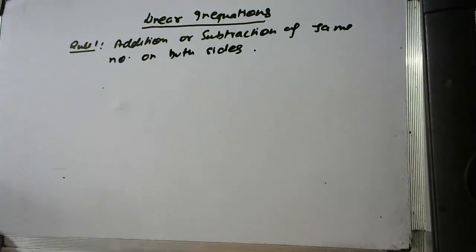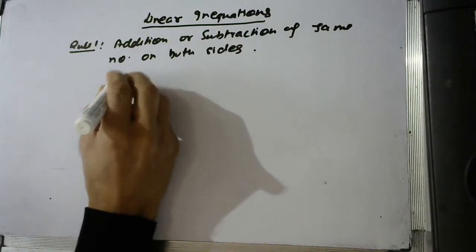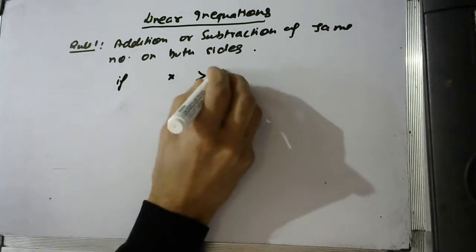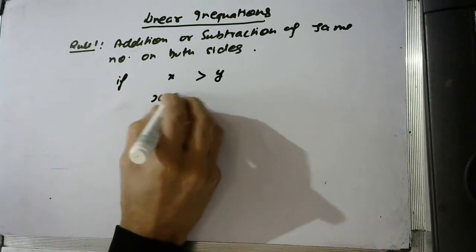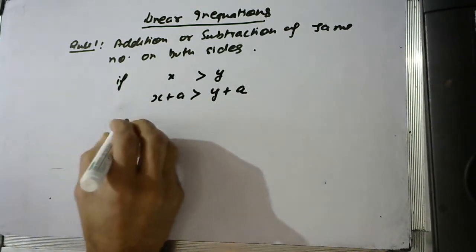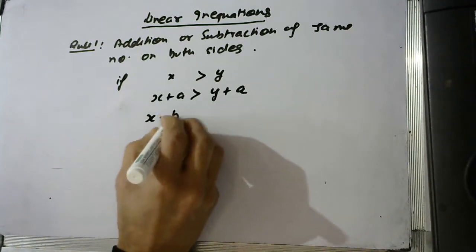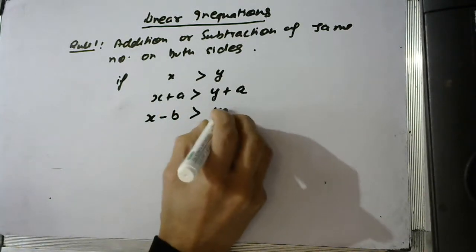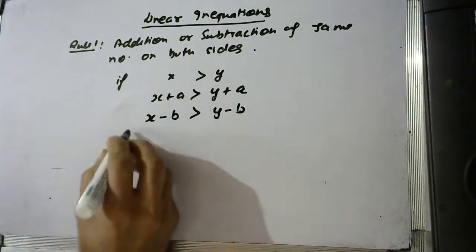According to this rule, if we add or subtract the same number from both sides of the inequality, the sign of inequality remains unchanged. Means if x is greater than y, x plus a will be greater than y plus a, as well as x minus b will still be greater than y minus b.